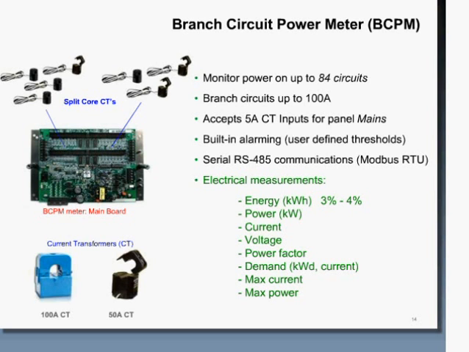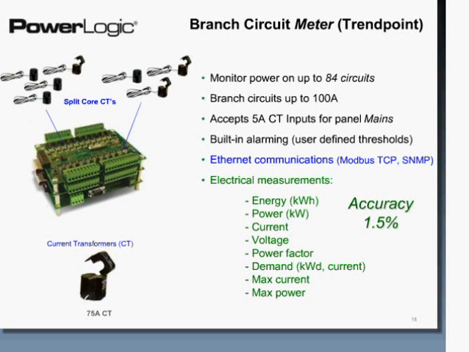What we're starting to see is a major trend in the data center market: our customers are going to colo. So if we look at another meter type, this meter also monitors up to 84 circuits. But if you notice, we're starting to get into that accuracy where customers can do sub-billing and sub-metering.